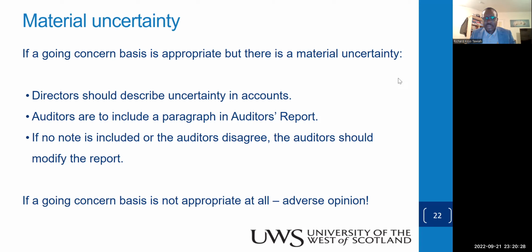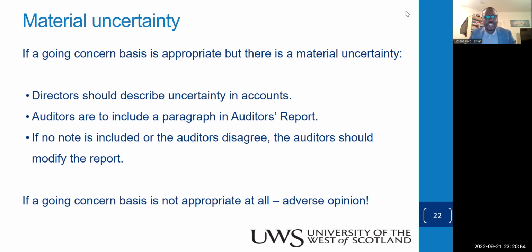What does it mean? If a going concern basis is appropriate, there is a material uncertainty if and only if the directors... when directors should describe these uncertainties in the accounts. Once you understand that there are material uncertainties, the directors need to describe this uncertainty in the financial statements.